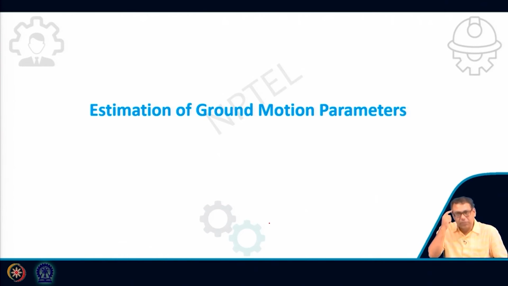Suppose at a site I want to design something, then what PHA or PGA will I consider for that site? Similarly for velocity, what value will I consider? And the other parameters that I have discussed. How we will estimate them, I will discuss in this part.